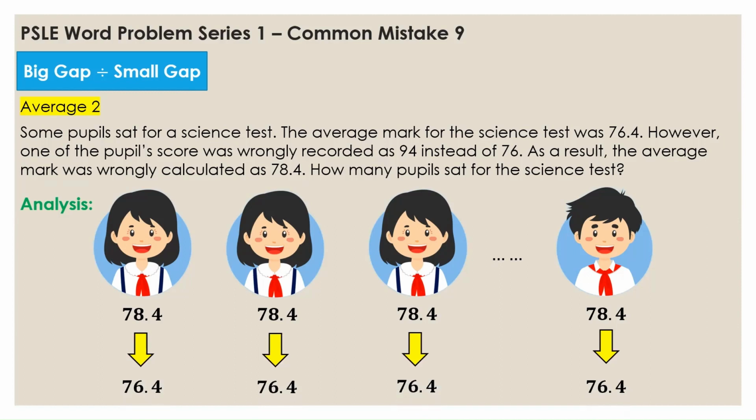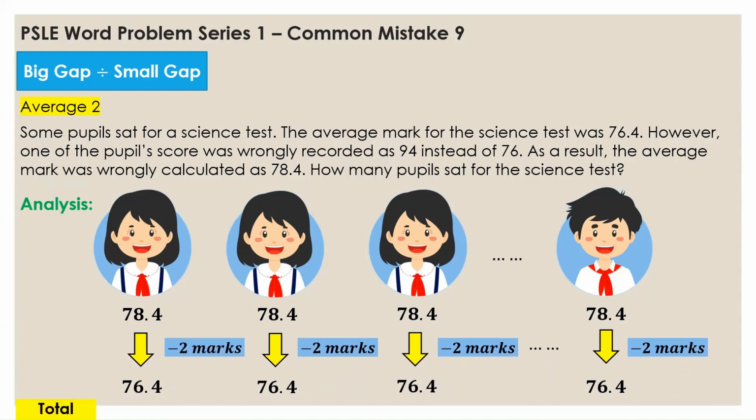Hence, each pupil had a decrease of 2 marks. The decrease in average was caused by the decrease in total, which is the difference between 94 and 76. So applying big gap divided by small gap will get us the number of pupils who sat for the science test. All right, let's quickly go through the correct solution.